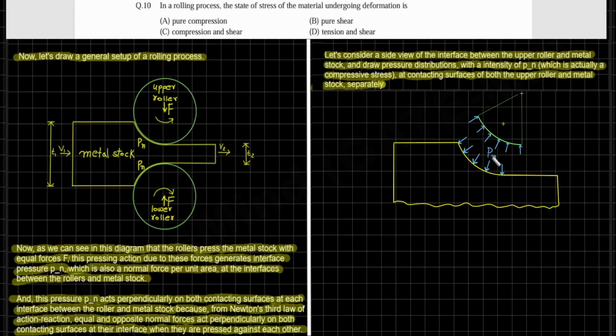In other words, interface pressure Pn acts perpendicularly on each point of the contacting surfaces of both the metal stock and the upper roller.